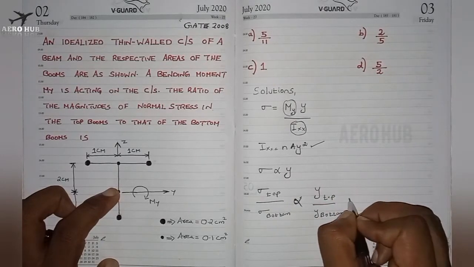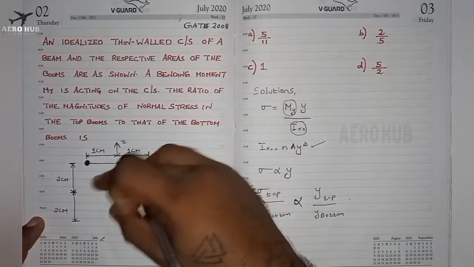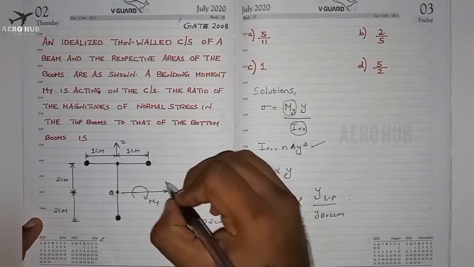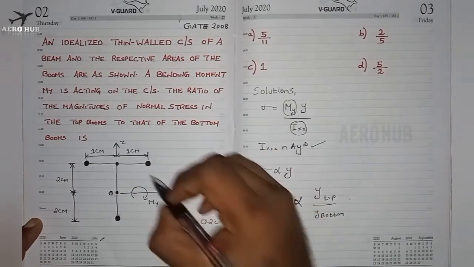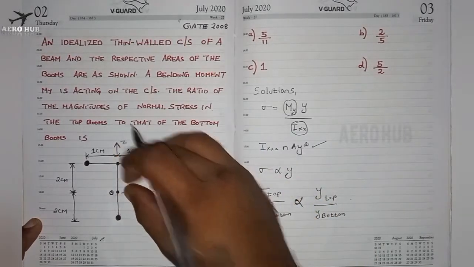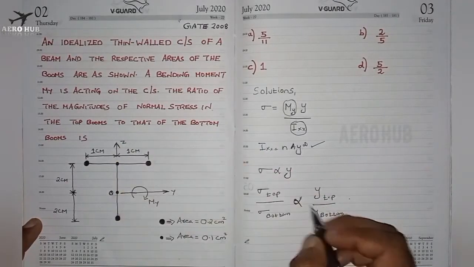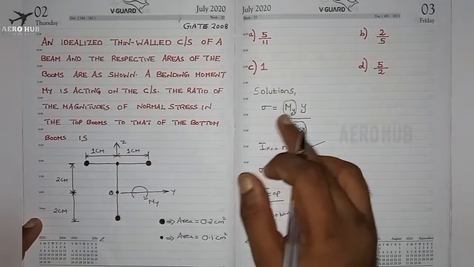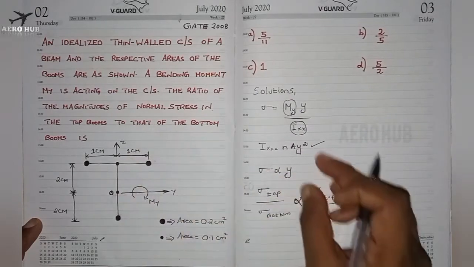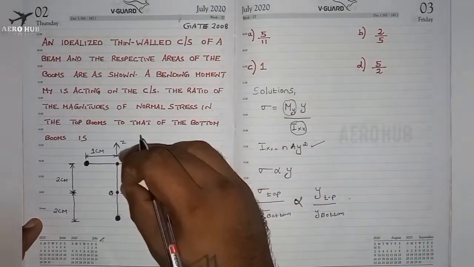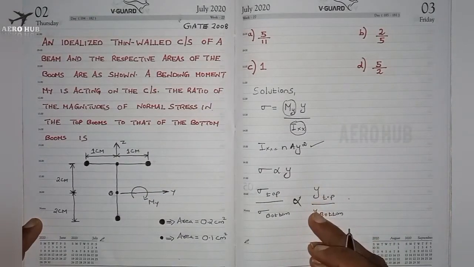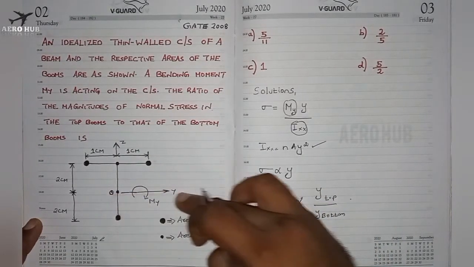We have the dimensions of this particular section. The vertical distance I wrote here as y, it should be z. So sigma is M y into z by I xx. Don't be confused: z is the vertical distance we have to take, and this is the neutral axis.